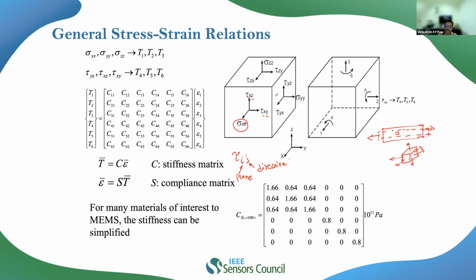Similarly, we get along the y plane, this is my y plane and this is the z plane. Any plane under consideration is dictated by the normal to the plane, right? So the normal to this plane is y, so you will get tau yz in the z direction and tau yx in the x direction. So if you look at what we get, we get sigma xx, sigma yy, sigma zz, and tau xy, tau yz, tau zx, and I do have tau yx, tau zy, and then tau xz, right?